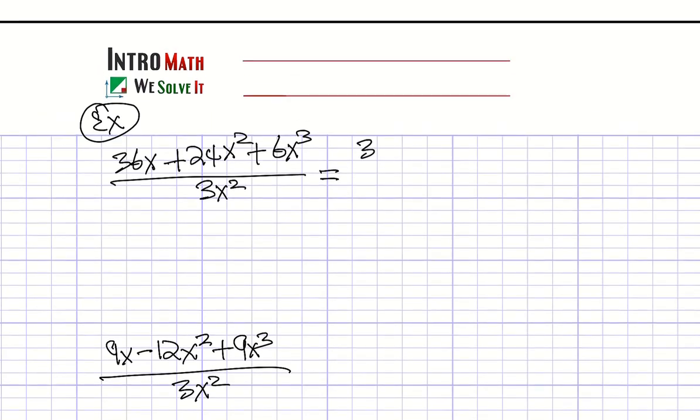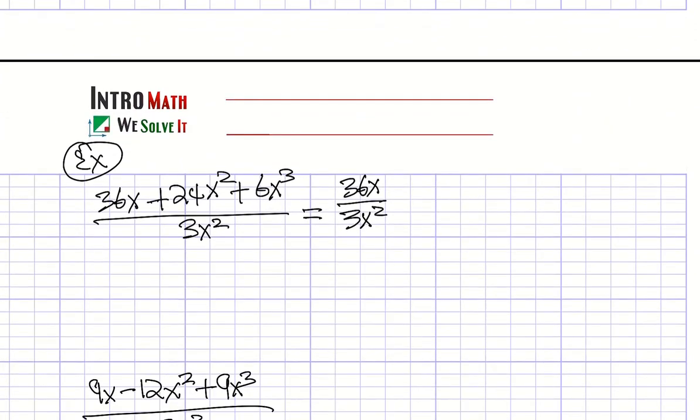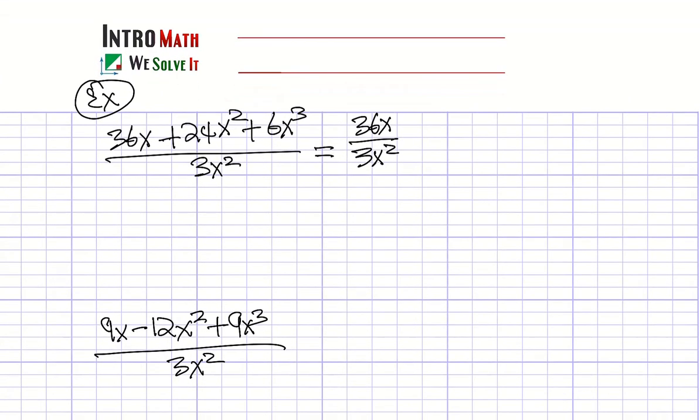We say 36x over 3x raised to power 2, plus 24x raised to power 3 over 3x raised to power 2, all right, plus 6x over 3x. Okay, so we'll simplify that.